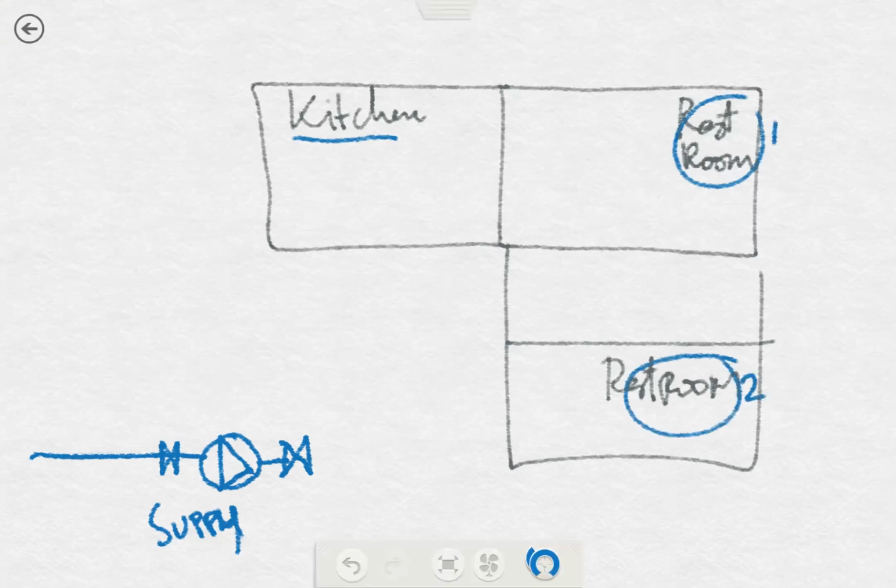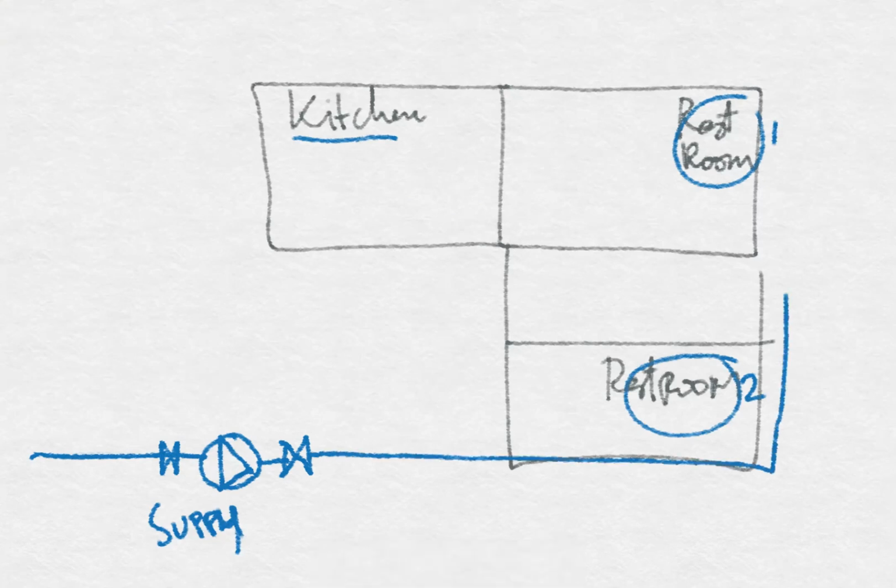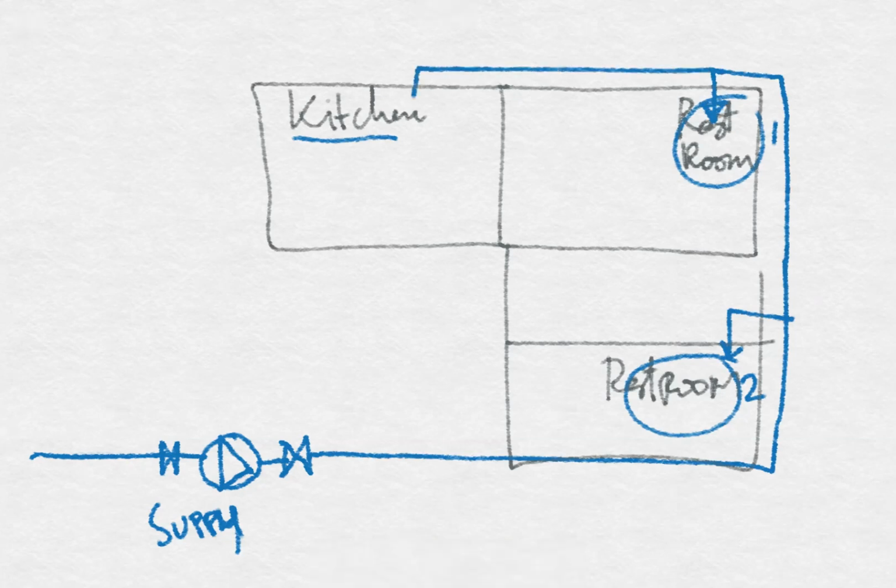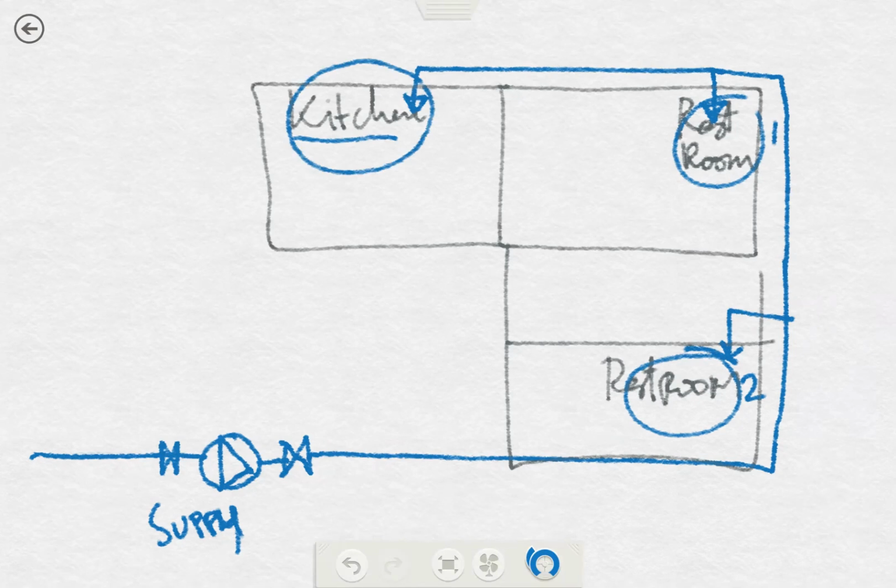So there are two ways to do this. We can go like this. We can go first to restroom 1, then to restroom 2, and finally to the kitchen. I don't recommend you do this because if there's a problem in the kitchen, I have to cut off the water supply for everything.